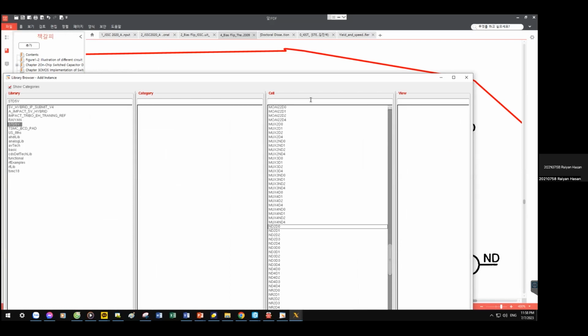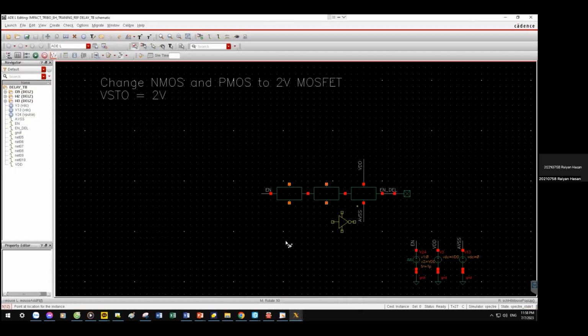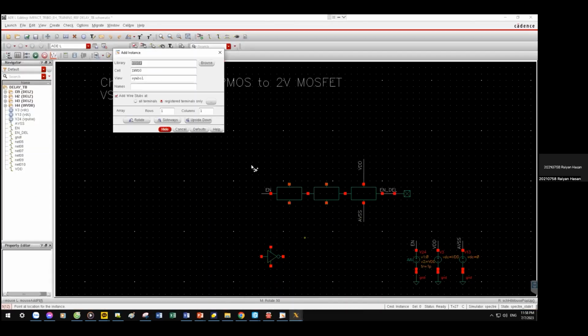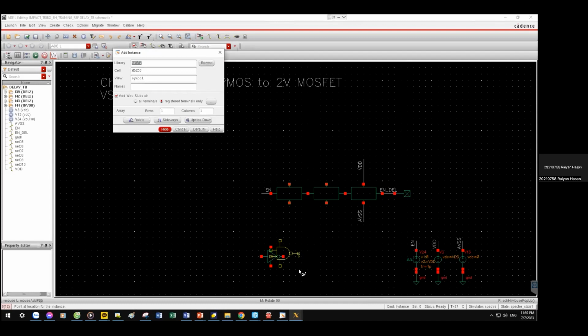Maybe it will be inverter. There is inverter, not gate here. They call it inverter. Inverter, and NAND gate. Maybe this and this is the shortcut for NAND.